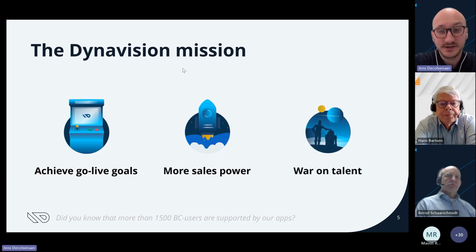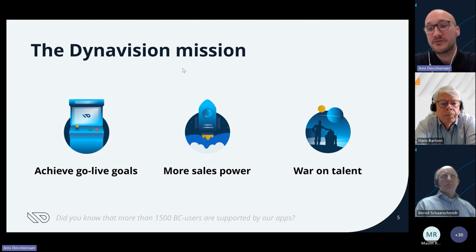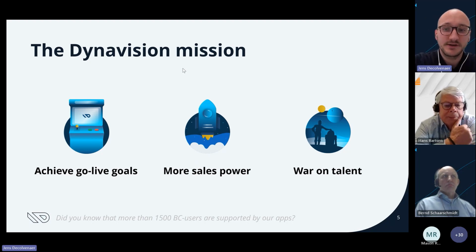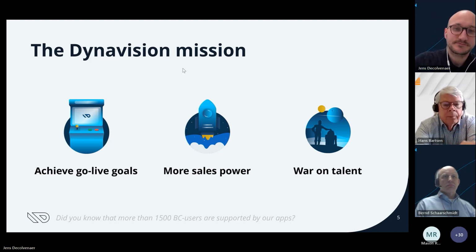And last but not least, we want to help you win the war on talent. Our entire app portfolio has been built around the simple principle that a junior consultant should be able to set up these apps simply by following the manual. This will allow you to train your consultants more efficiently while also delivering value for your customers.